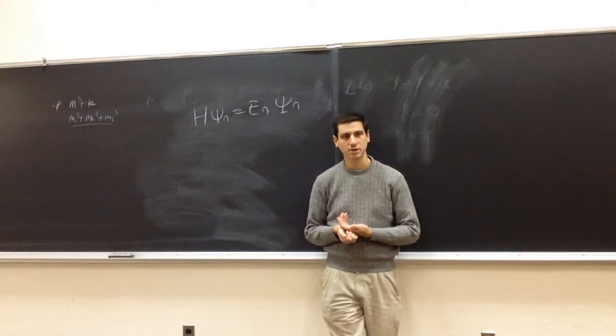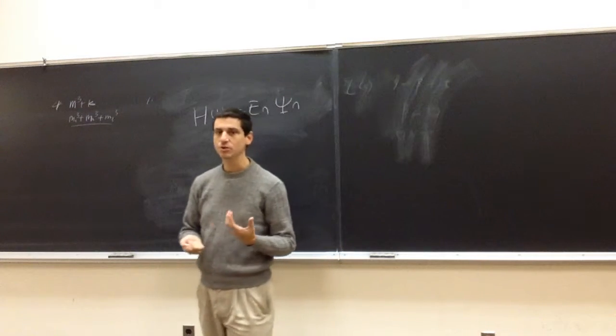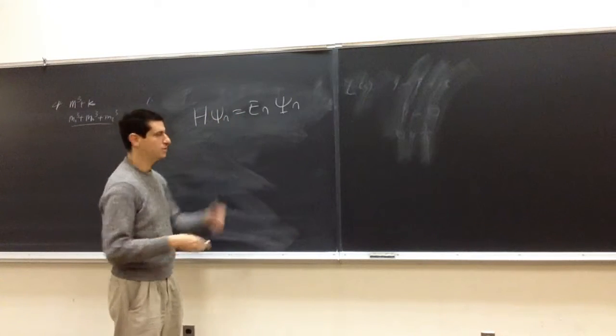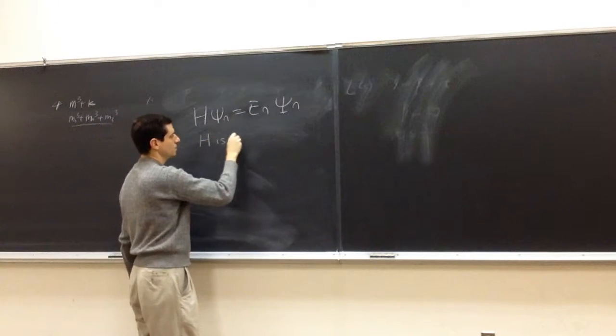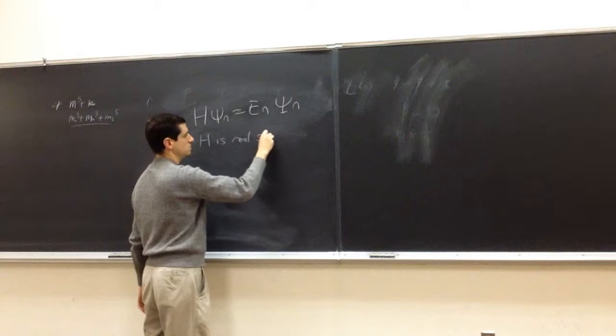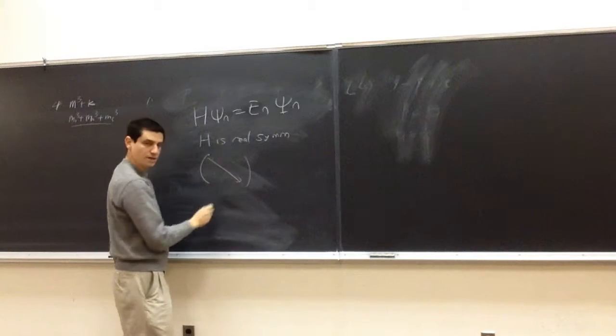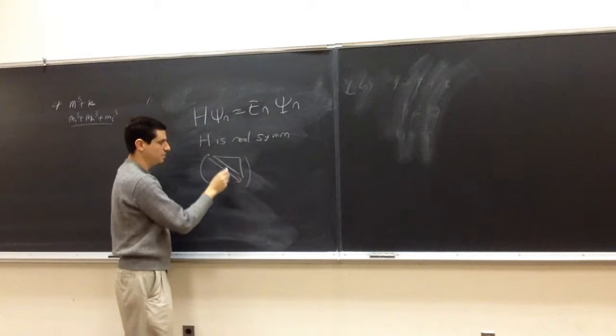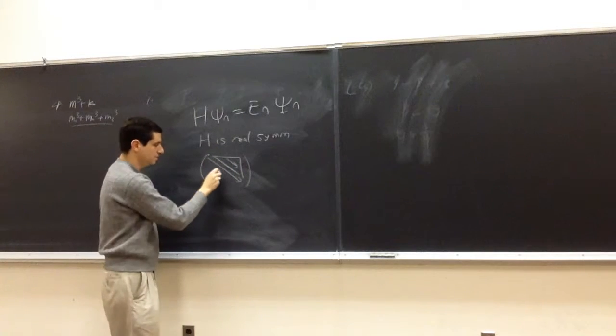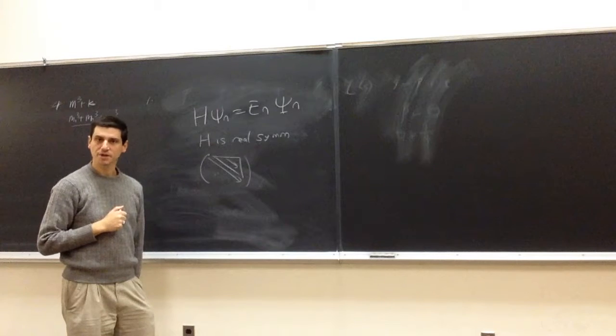One notion is to say, well, I have a matrix. Maybe because of physical grounds, I have some kind of constraints on the matrix. Maybe H is real symmetric. All right, well, if the matrix is real symmetric, once I specify the main diagonal and the upper triangular part, I get the lower triangular part by symmetry.